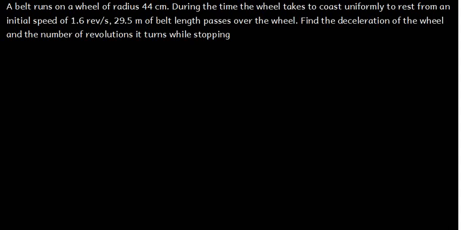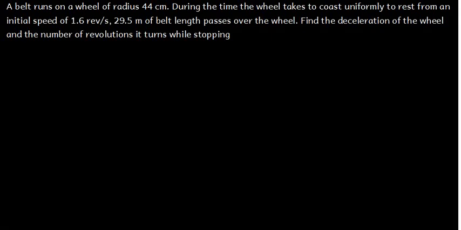We know that whenever we're talking about linear motion, we're talking about an object moving in a straight path. And we have three main equations under linear motion. The first equation is the final velocity is equal to the initial velocity plus the acceleration times time.